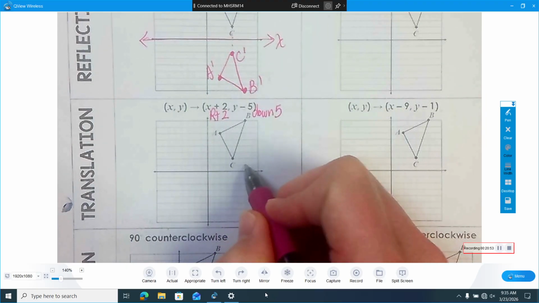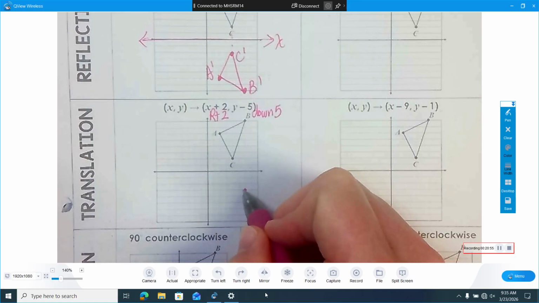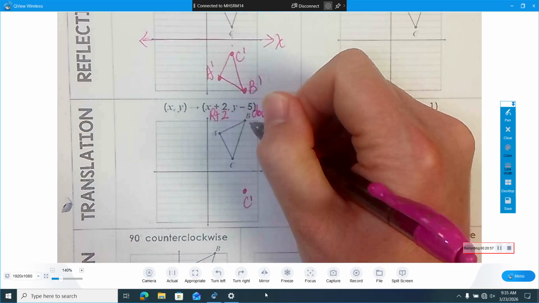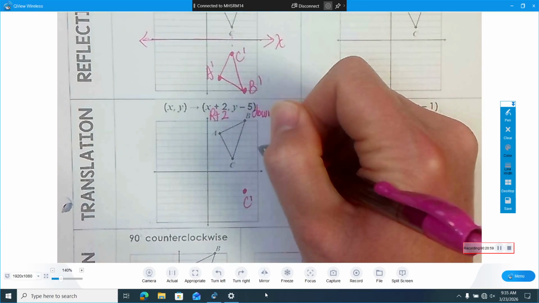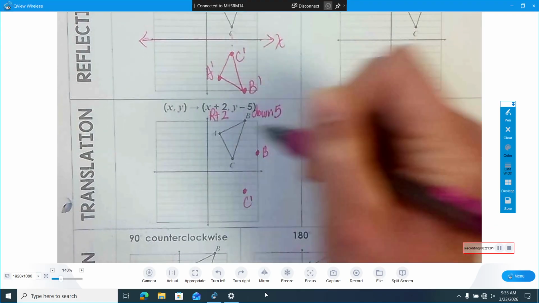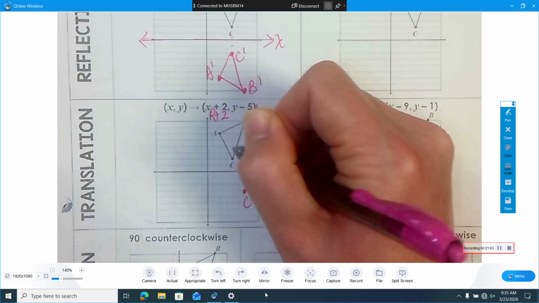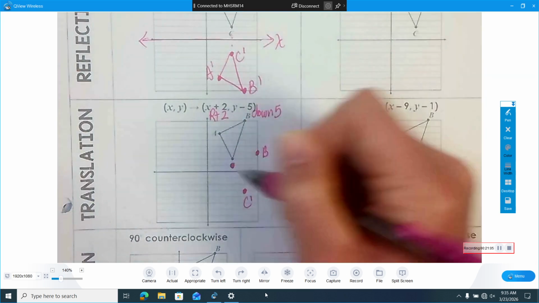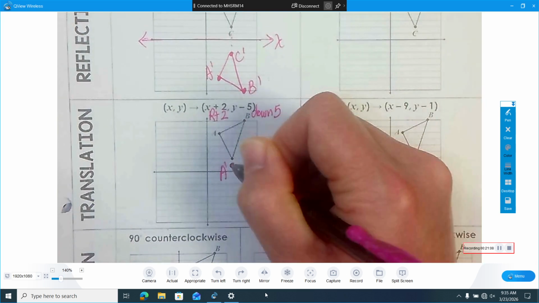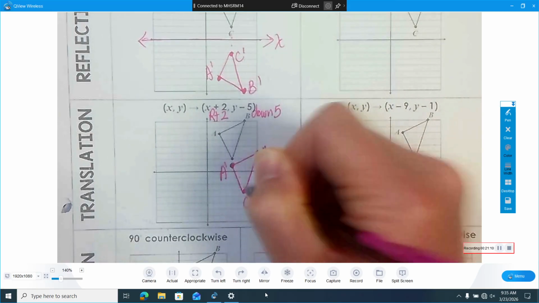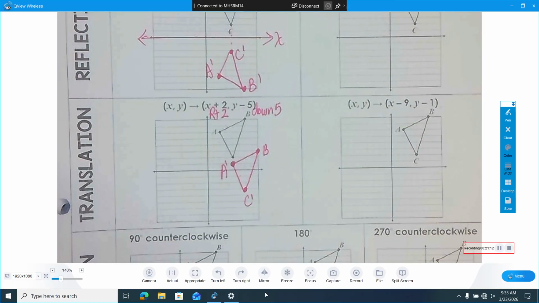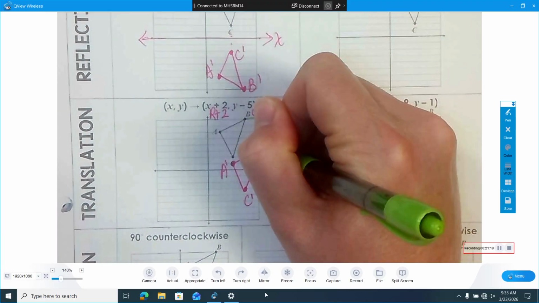Right 2, down 1, 2, 3, 4, 5. Easy peasy. Exact same figure. Should look identical to the one that you started with. Everything just counts. Right 2 and down 5.